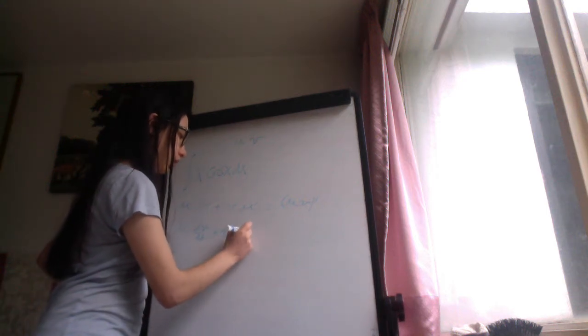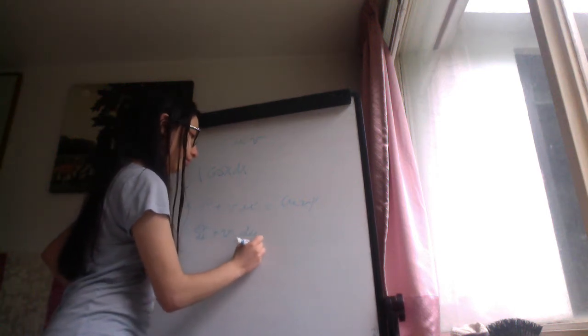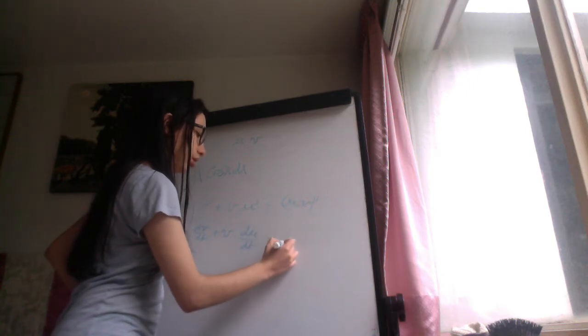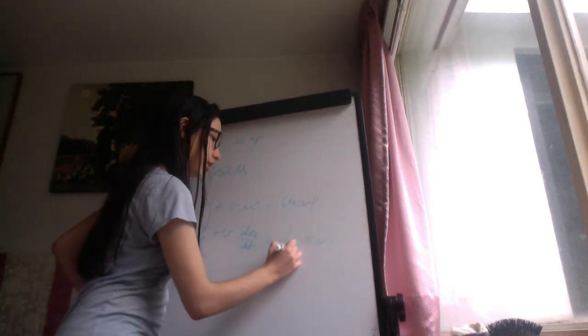Or in Leibniz notation, u dv/dt plus v du/dt equals d(uv)/dt.